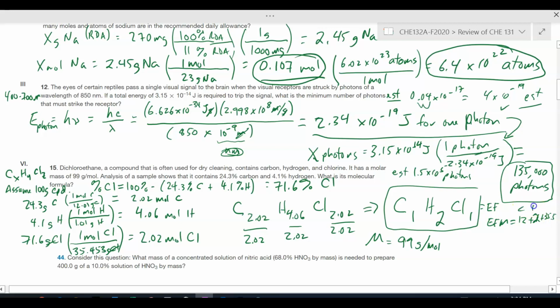That's my carbon, my 2 hydrogens, and my 1 chlorine. So 12 plus 2 plus 35.5 is 49.5. If I take my molar mass and divide it by my empirical formula mass, that's 99 divided by 49.5, which comes out to 2. That's our multiplier.